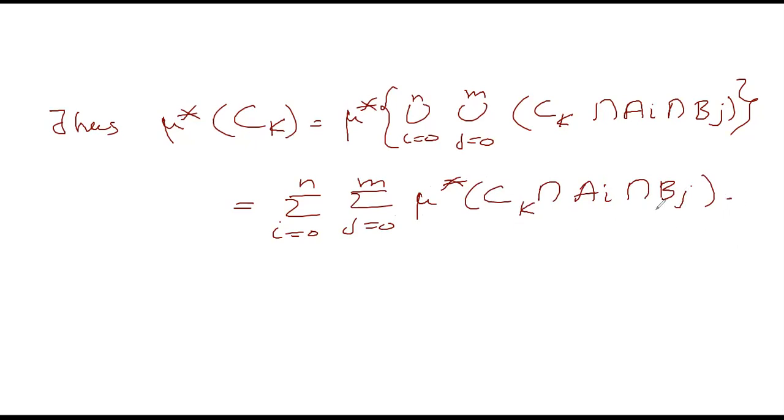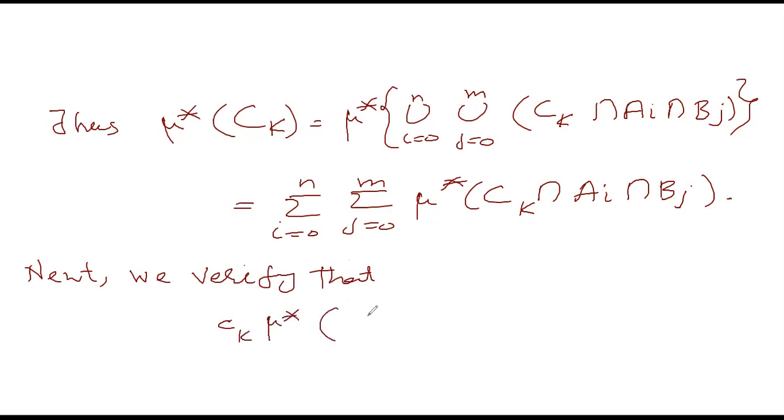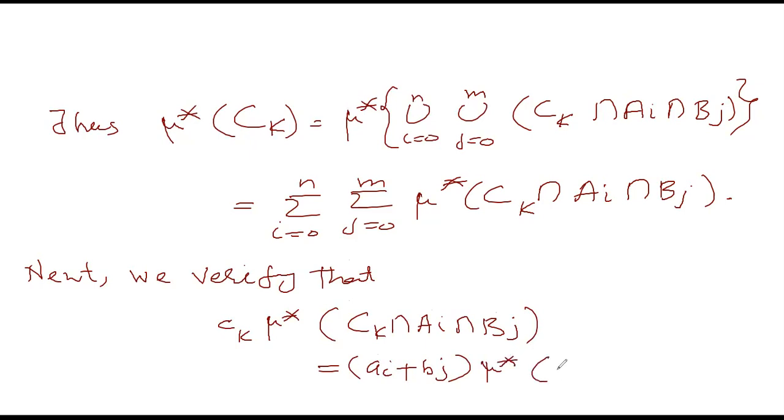So next we verify that the small ck times mu star of Ck intersection Ai intersection Bj is equal to (ai plus bj) times mu star of Ck intersection Ai intersection Bj. So we verify this.